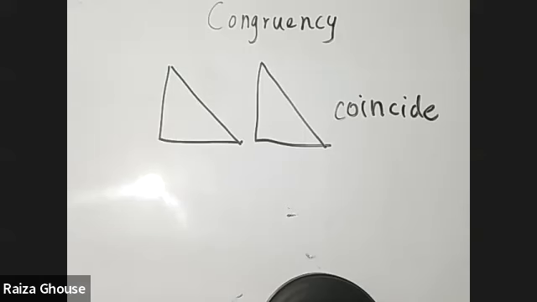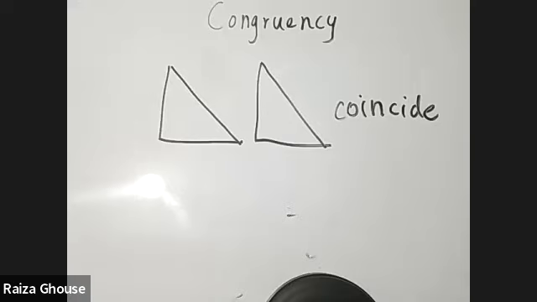Miss, can you repeat again? Yes, there are 6 elements in a triangle. They are the three sides and the three angles.